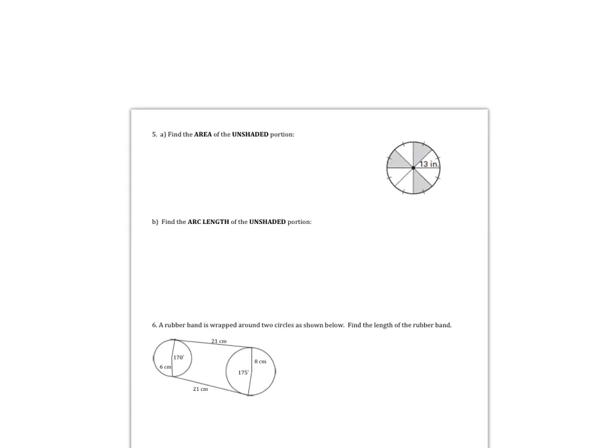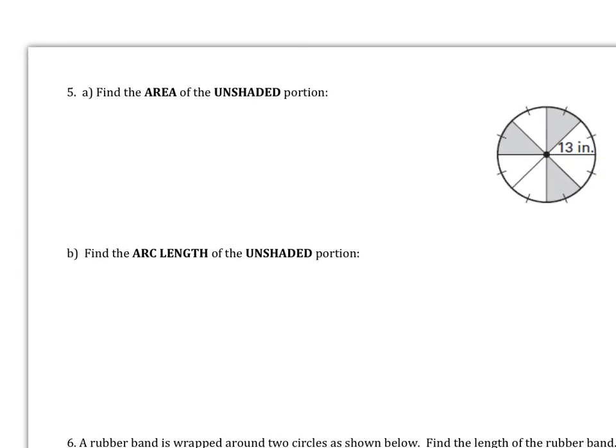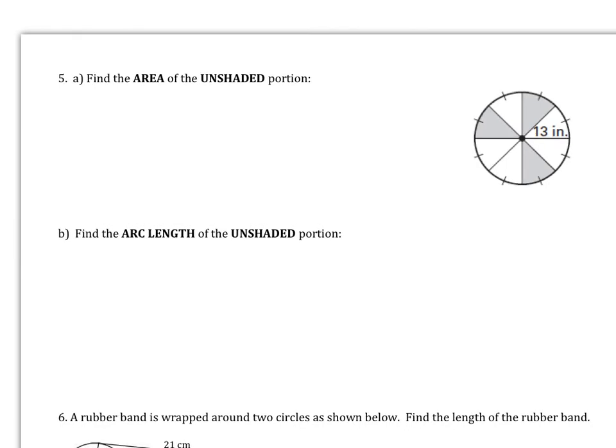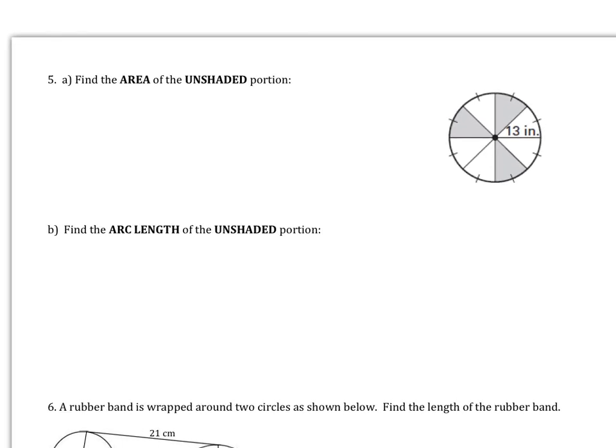All right, number 5. We want to find the area of the unshaded portion. So we've got a circle. We've got the radius is 13, so there's our radius, and we want the area.